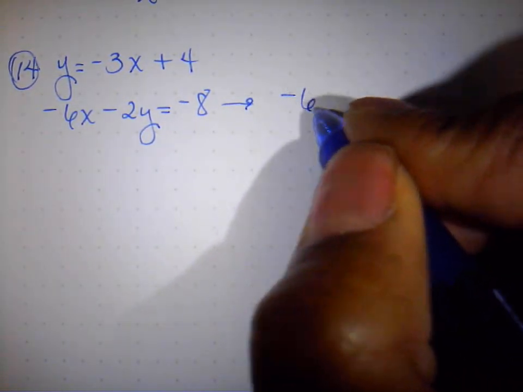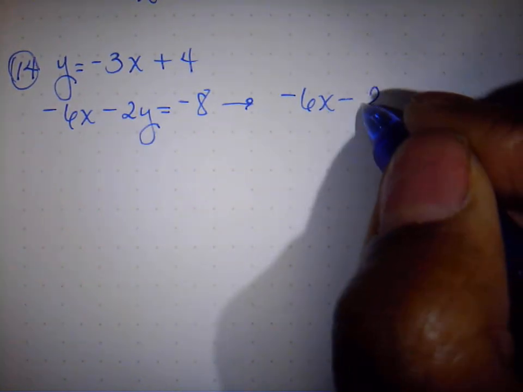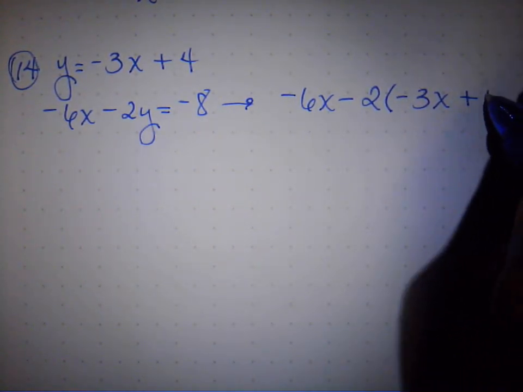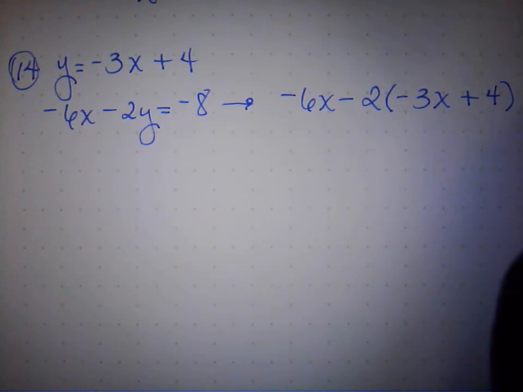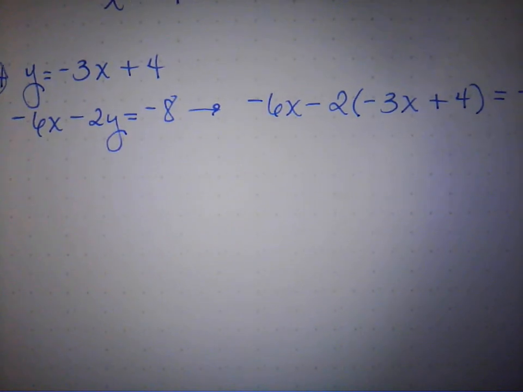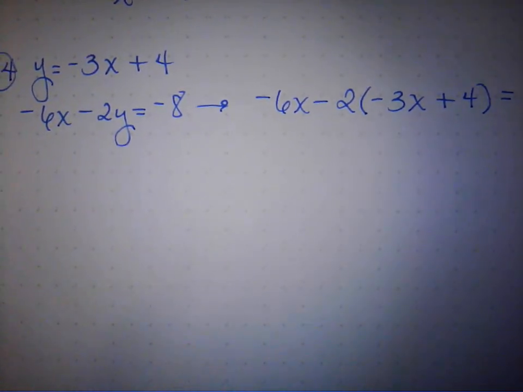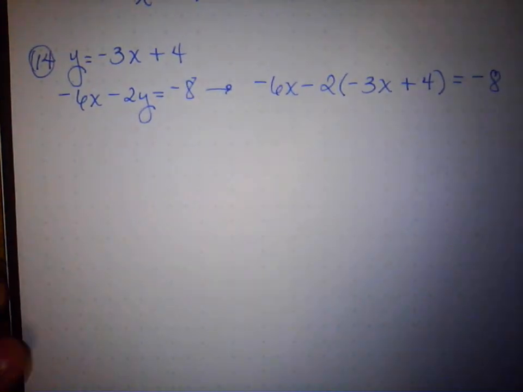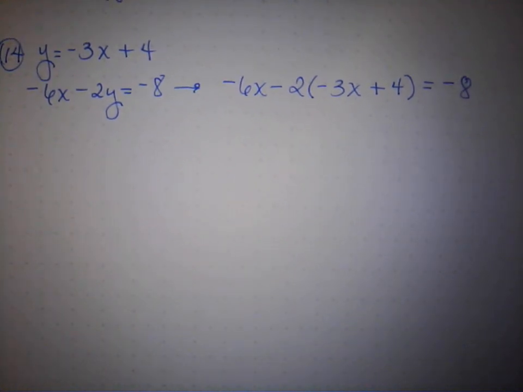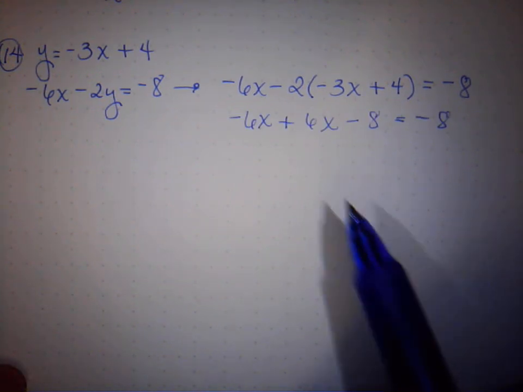So I have negative 6x minus 2 times negative 3x plus 4 equals negative 8. I'm so sorry. All right.